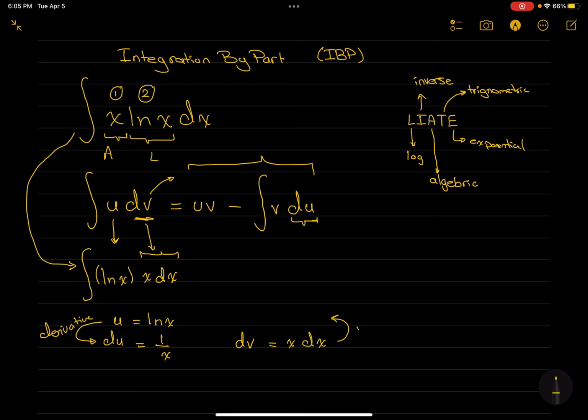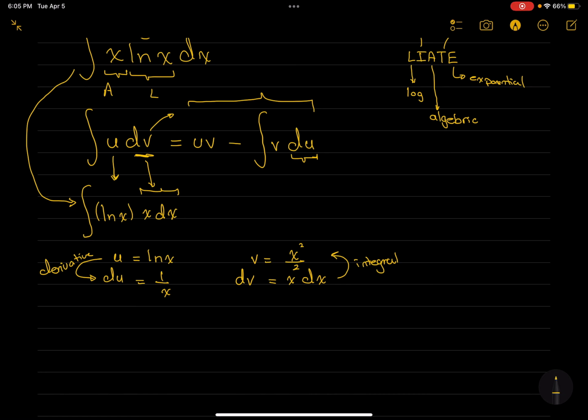Now I'm going to do the integral. So what is the integral of x? Well, that is easy. You're just going to add 1 to the power and divide by the new power. So now the new power is 2. And that is our v in this case.